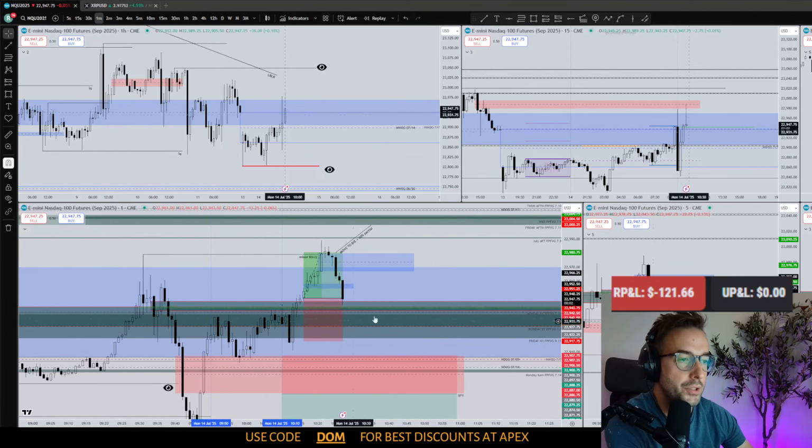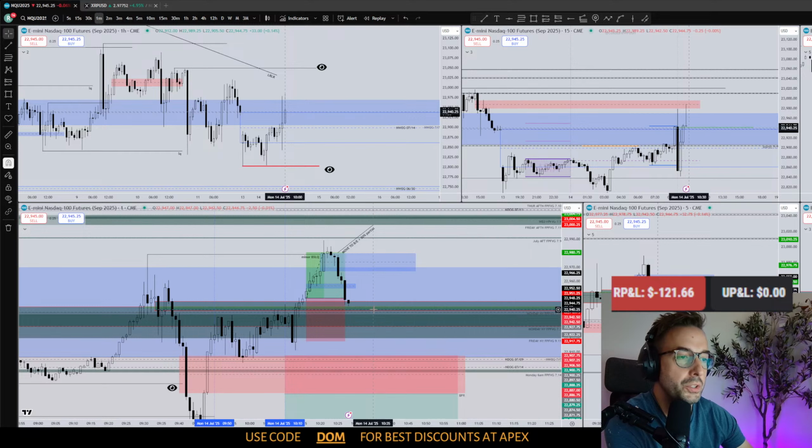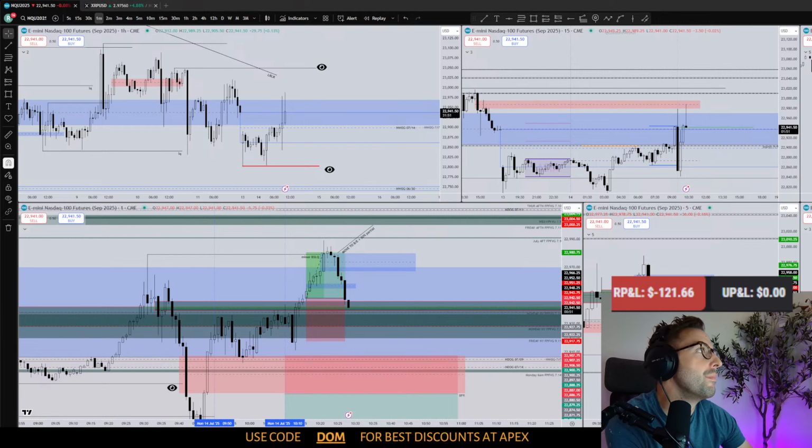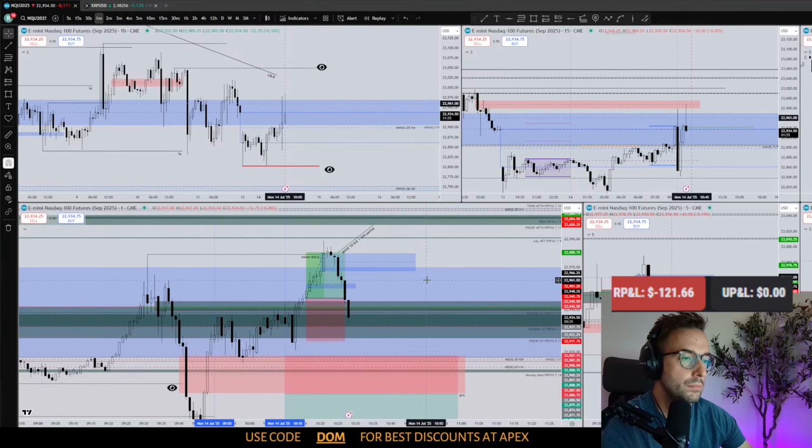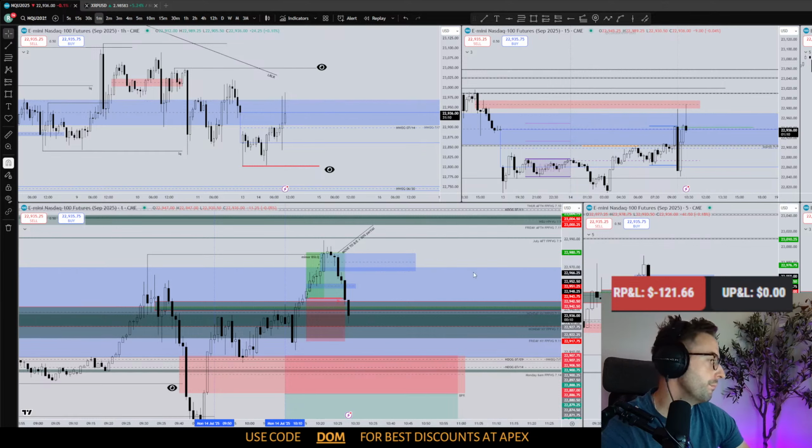Let's see how price is going to respect this general area here, which is our area that we do want to trade off of. It is 10:30.